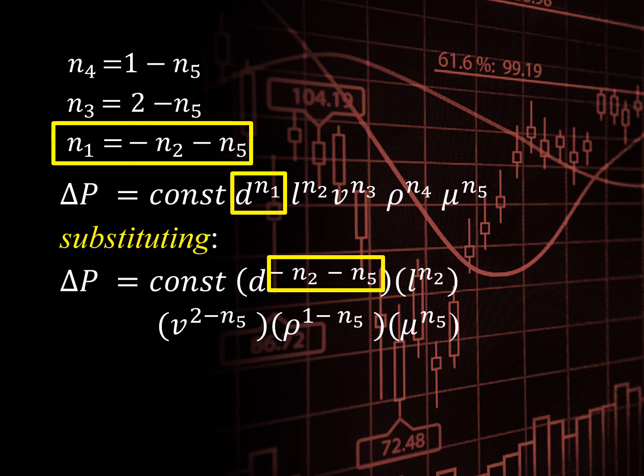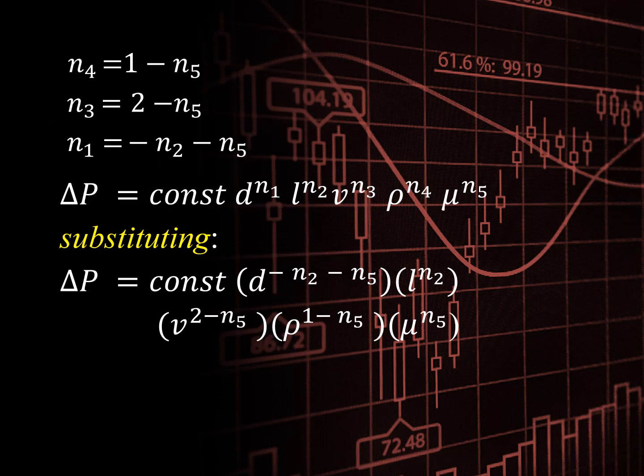The result is, of course, change of P equals the constant times D raised to negative N2 negative N5, L raised to N2, V raised to 2 minus N5, rho raised to 1 minus N5, and mu raised to N5.